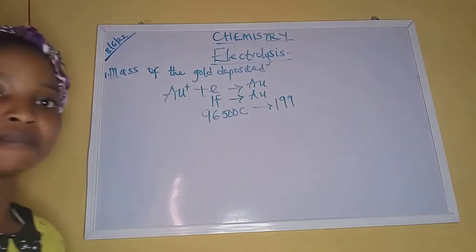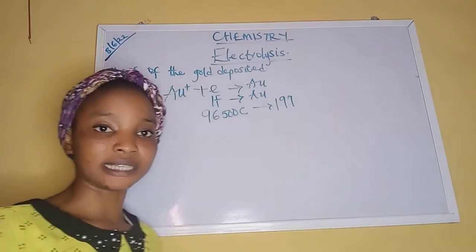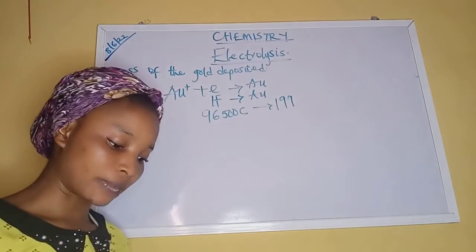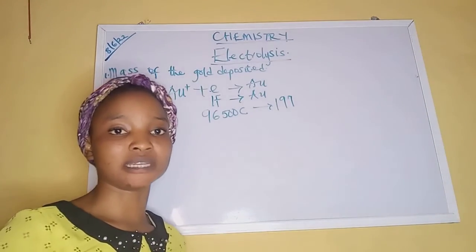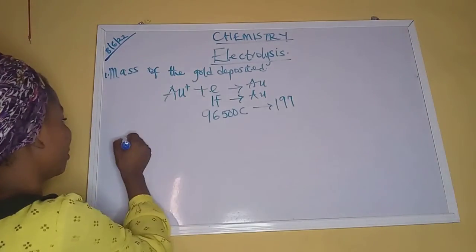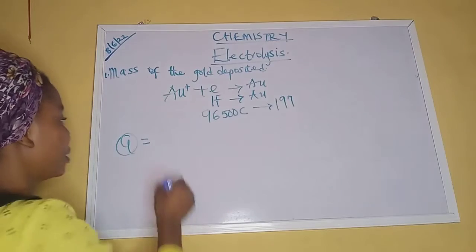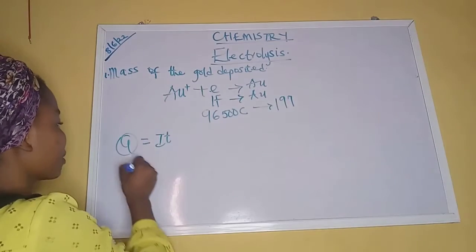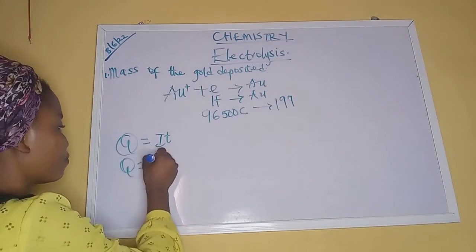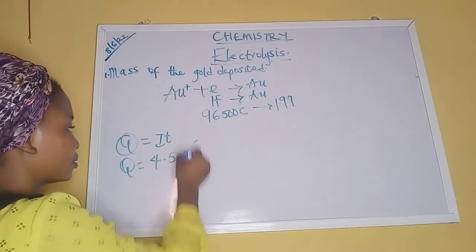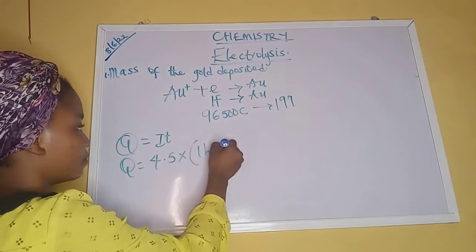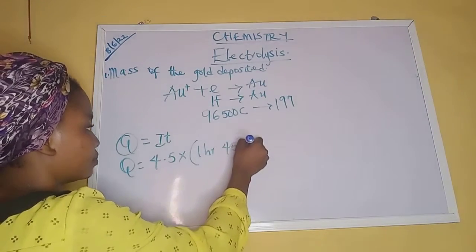And we are asked to determine the mass that will be deposited by 4.5 amperes in 1 hour 45 minutes. Now, we calculate our quantity of electricity, which is IT. Therefore, we have 4.5 times 1 hour 45 minutes.